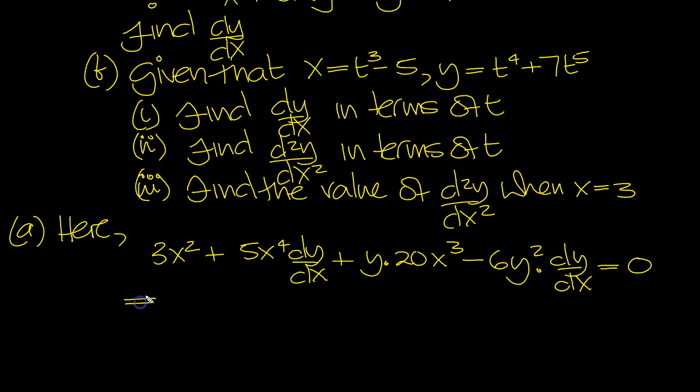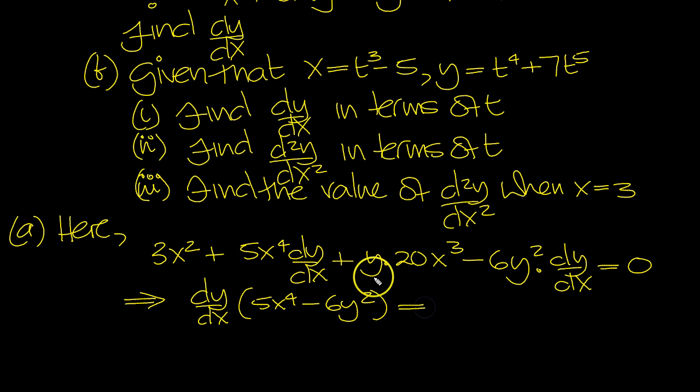So that tells us then dy/dx is here, and then we've got a 5x to the 4 here for this term, minus a 6y squared, so put that in a bracket, is equal to, and then move the other two terms over the other side. So this would be minus 3x squared, and then minus the 20x cubed y.